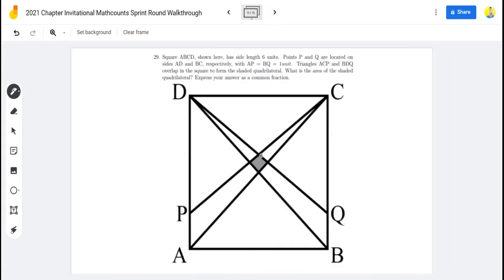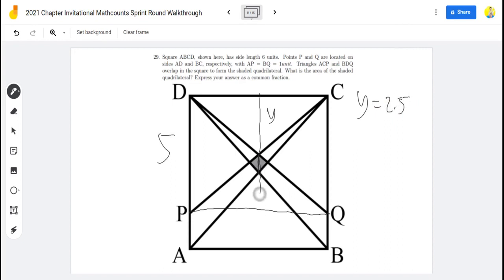And to find the vertical diagonal, we do the exact same thing. We first find this length right here. Let's call it y. To find this length, we see that it is just half of this length, which is 5. So y equals 2.5.